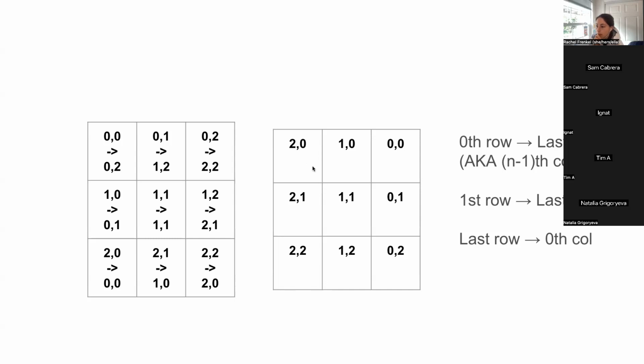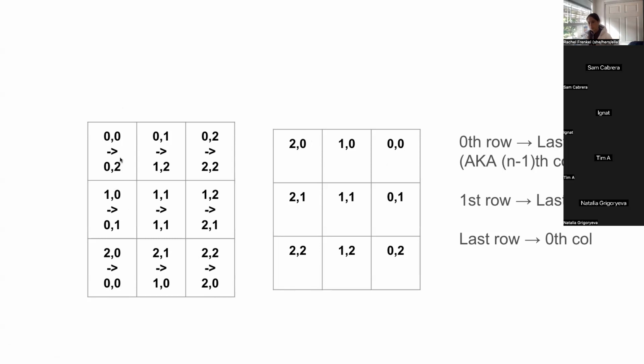This is a 3 by 3, so n is 3 here. In this case, last row, this is n minus 1, which gets us here, minus 1, minus 1.